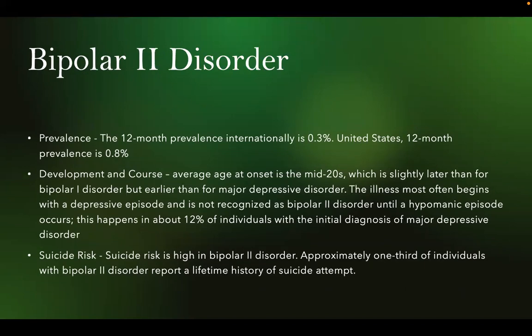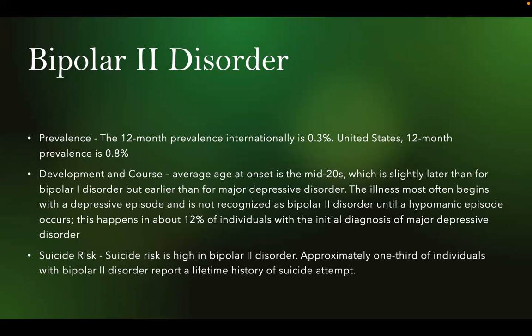So with some prevalence for bipolar 2, the 12-month prevalence internationally is 0.3%, and then in the United States, the 12-month prevalence is 0.8%. So just a little bit different than the prevalence for bipolar 1. With bipolar 2, the average age of onset is in one's mid-20s.